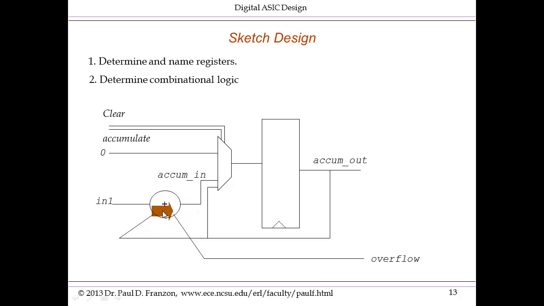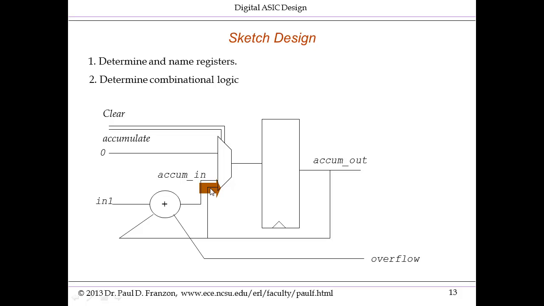So here I've drawn an adder, and I remind you that the 9th bit of the adder is the carry out, which I'm going to relabel as the overflow. And finally, if clear and accumulate are both low, I want to keep the current value of accum out. The way I've presented this in this design is this feedback path here, where accum out is presented back as a third input to this mux.